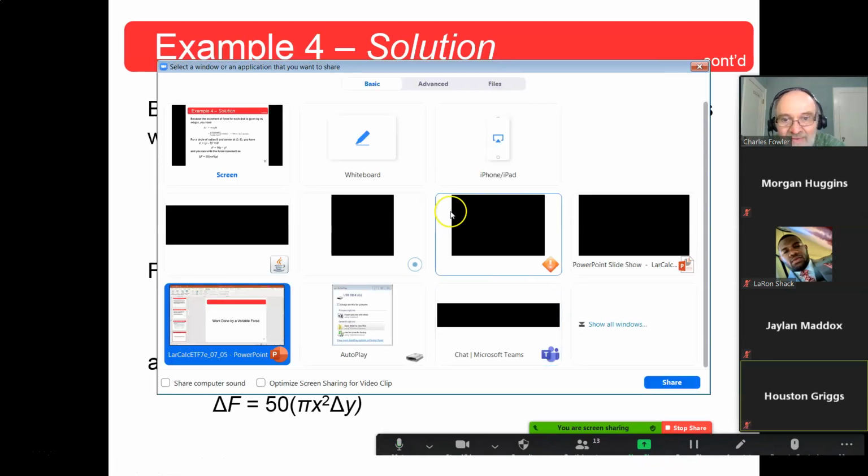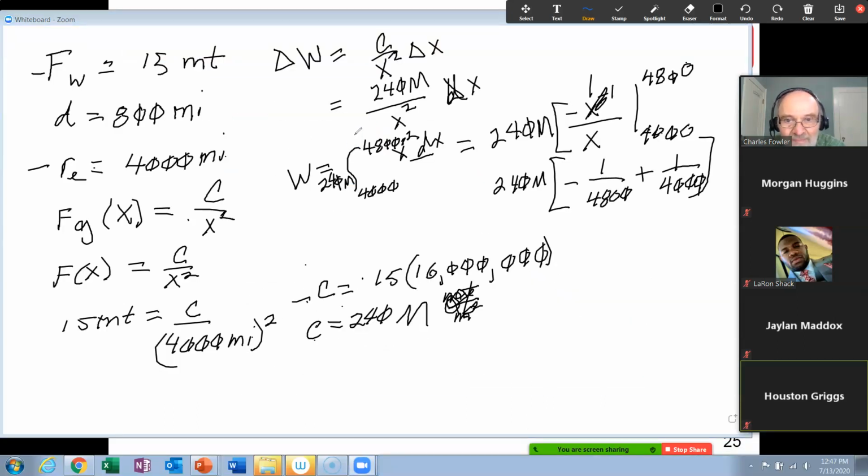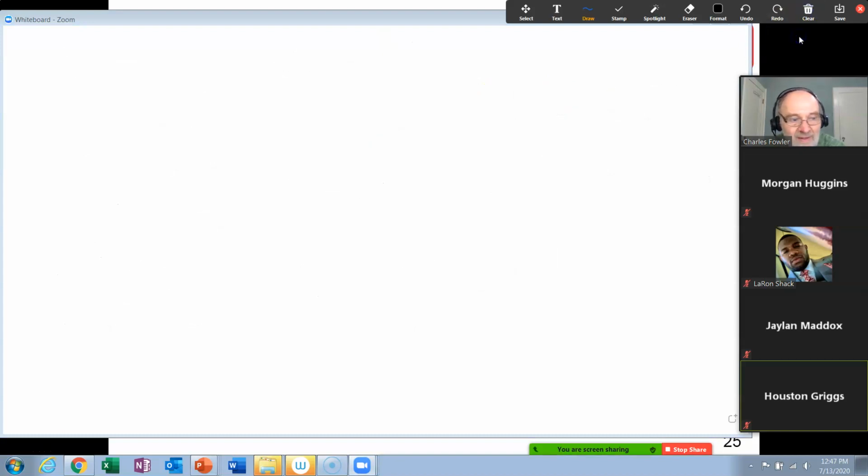So let's go back to the whiteboard and clear this out of the way because that's the previous problem. Now what they just had there, that's sort of the key to the problem, and they just skip right on over it.